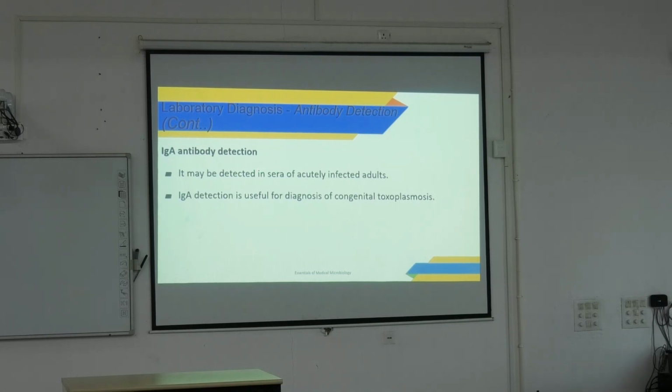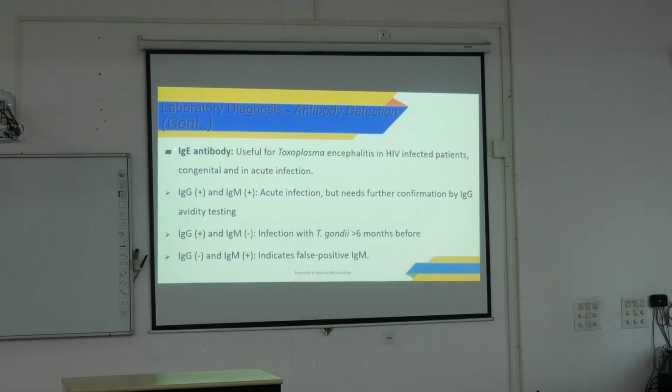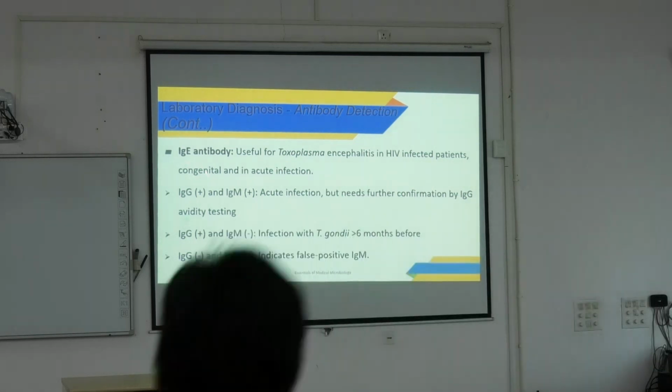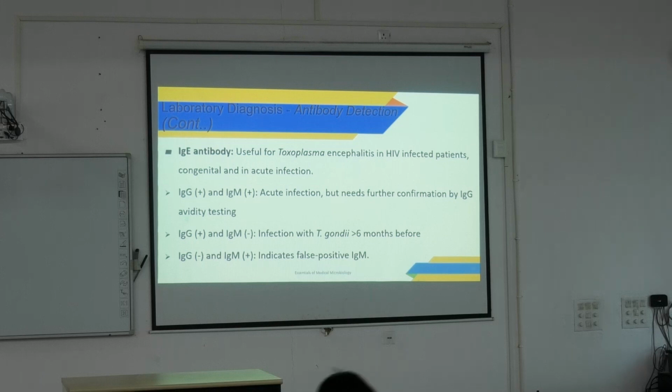IgA antibody may be detected in the sera of acutely infected adults; IgA detection is useful for diagnosing congenital toxoplasmosis. IgE antibody is useful in toxoplasma encephalitis in HIV infected patients, and in congenital and acute infections.